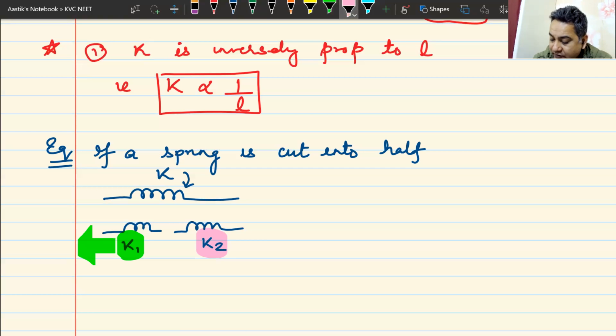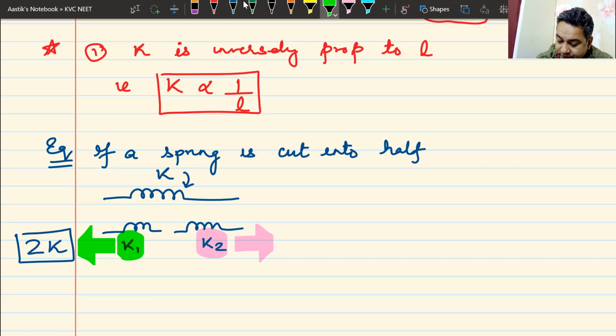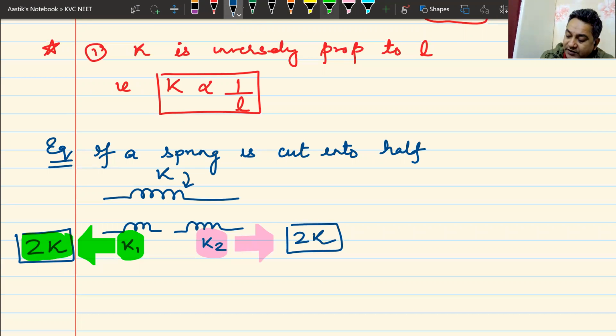It is inversely proportional to length. If I cut into half, the spring constant of this spring becomes 2 times K, and the spring constant of this spring, since it is half also, also becomes 2K. So basically I double the spring constant when I cut the spring into half.